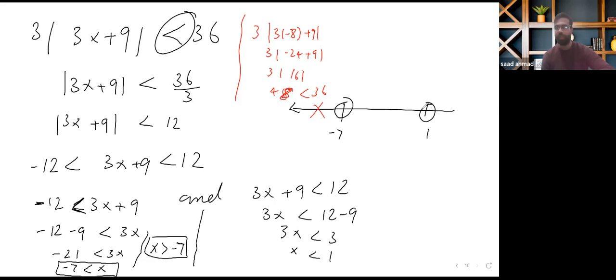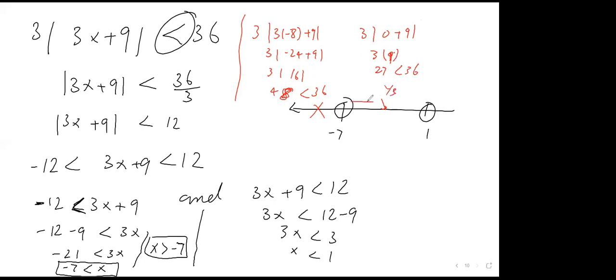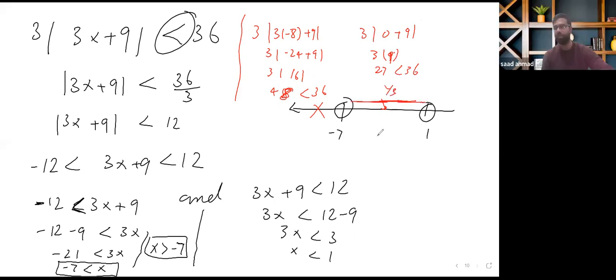Then we check one point from here, which I will pick 0, because 0 is the easiest. So 3 times 0 plus 9, which is 3 times 9, which is just 27. Is 27 less than 36? Yes. So this is part of the solution.